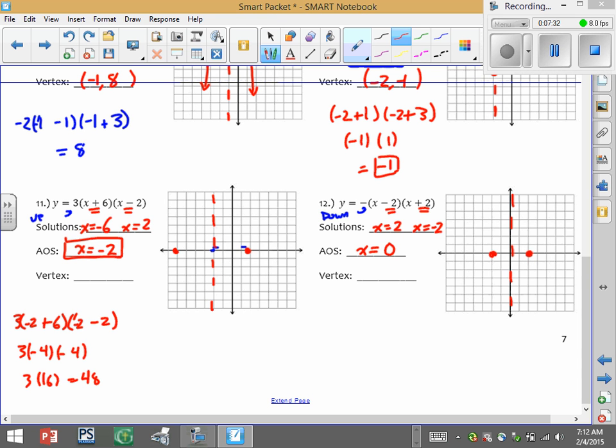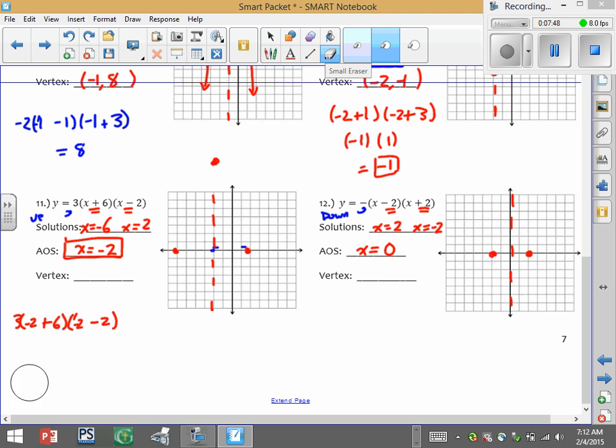So the vertex here is way off the screen. So we'll just kind of put a point way up here. Oh, excuse me. One of those is positive. That's throwing me off. That should have been 3 times +4 times -4, which would be 3 times -16, which is -48.